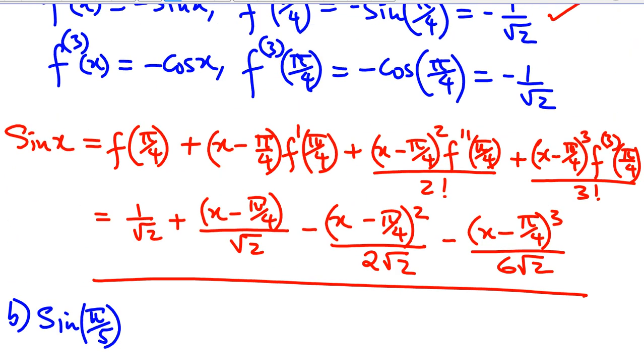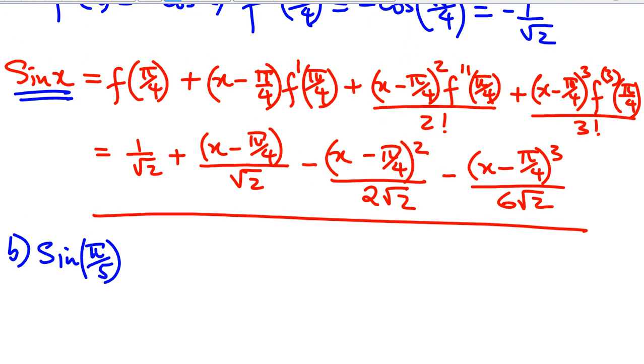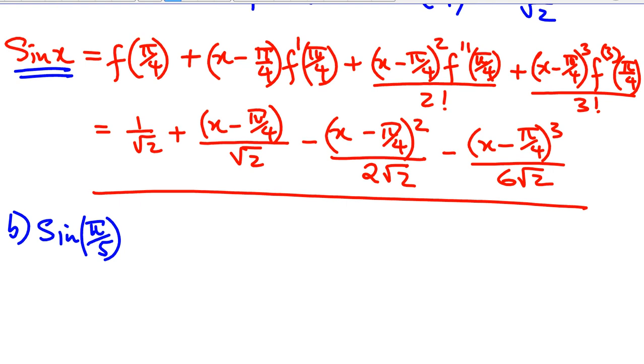Remember, this is sine x, all right? So sine pi over 5, we're just going to plug in pi over 5 in place of x.